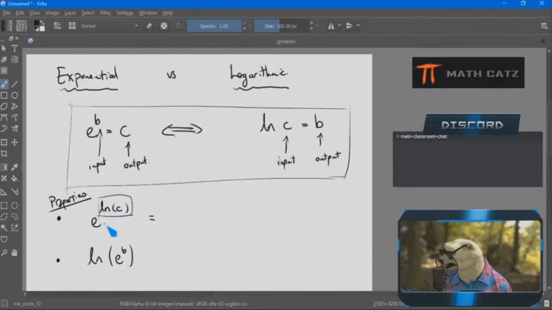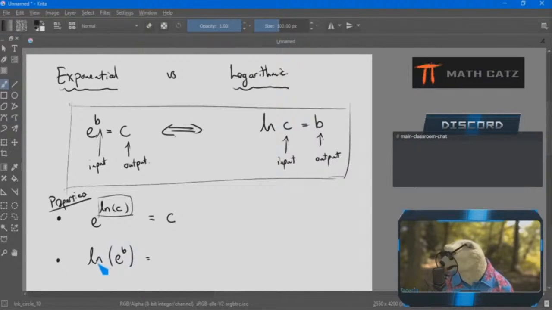I then raise e to that power, and therefore I'll get an answer of c. Sometimes it's easier to informally understand what these functions are doing, and then I don't need to think of it mathematically as a composition always. But that is really what I'm doing. The other version is just the other order of the composition. What is inside the bracket? It's an exponential calculation. Given some number b, I raise e to that power, and I'll get an answer.